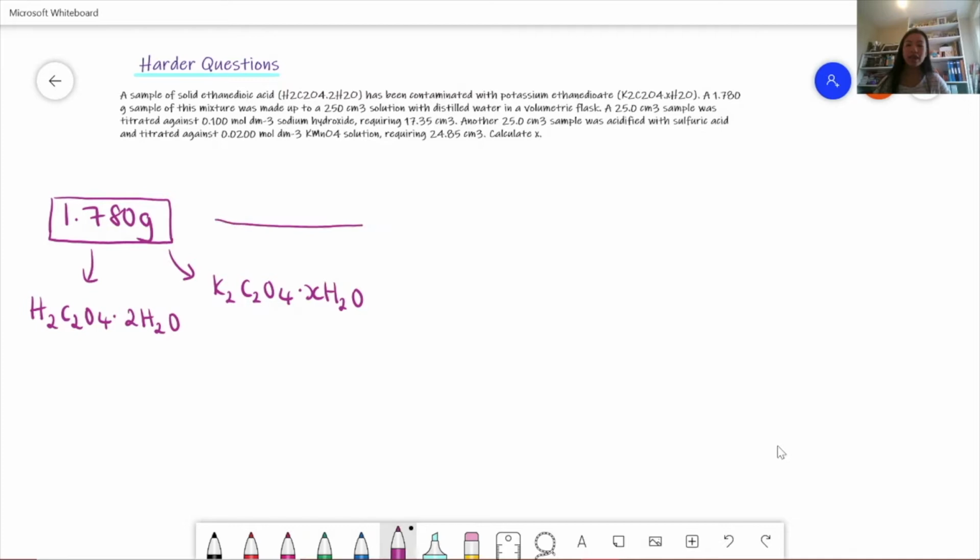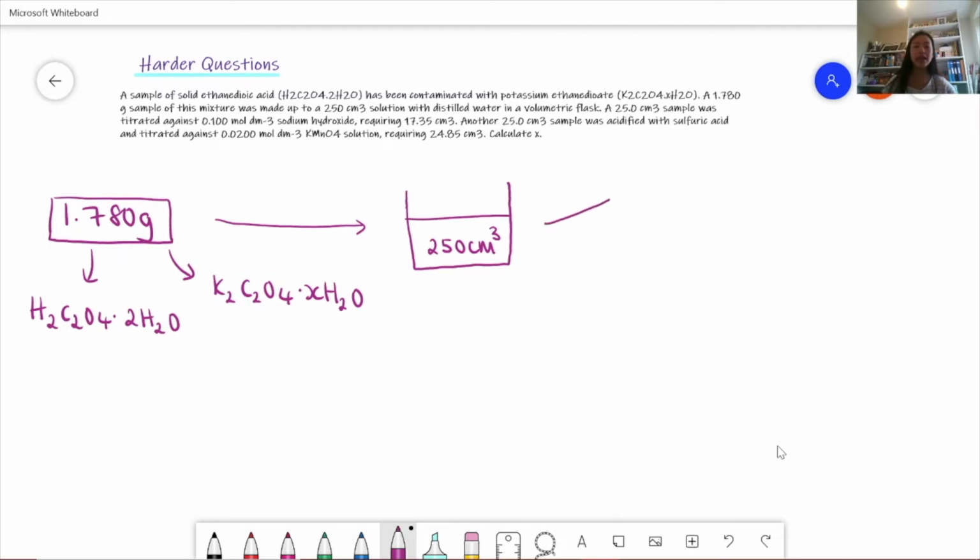And then this is made up to a 250 centimeters cubed solution using distilled water. So we still have the same amounts of the ethane dioic acid and potassium ethane dioate, because we haven't changed that, we've just added water to it.